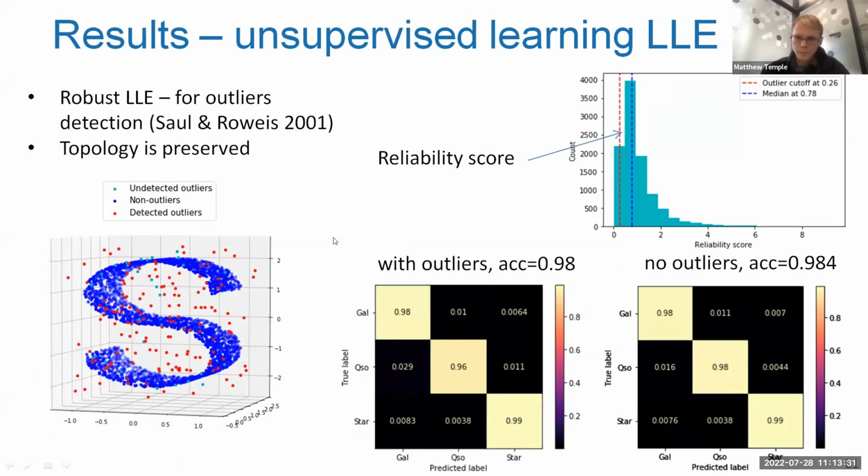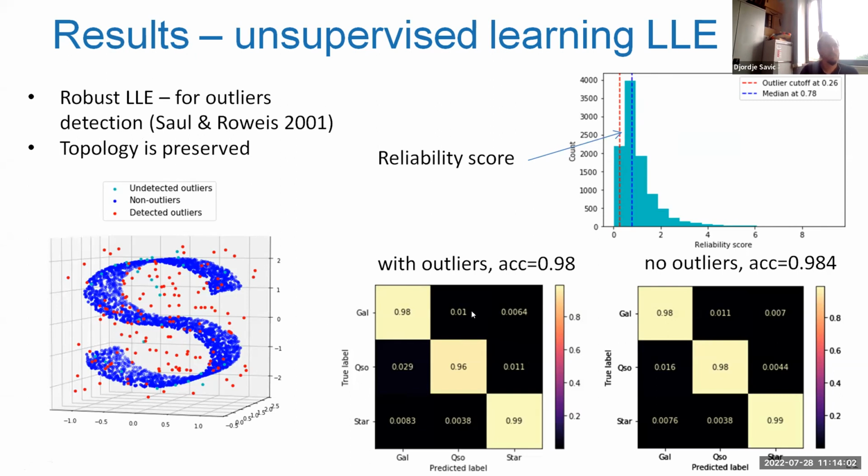The next part was locally linear embedding, another method for doing dimensionality reduction. It is one of those that preserves the topology of the input space. It relies on computing a reliability score, and we manually set the reliability score threshold for removing outliers.